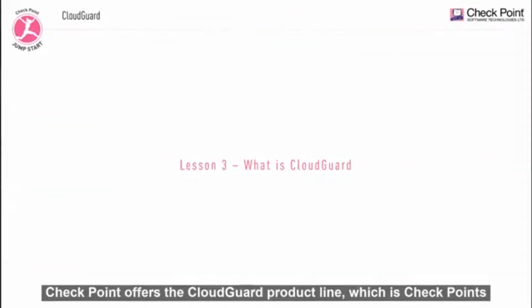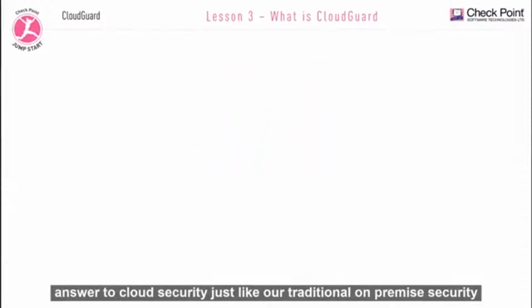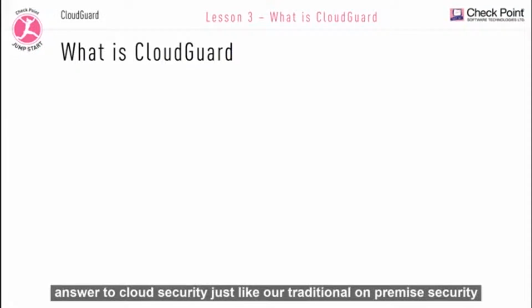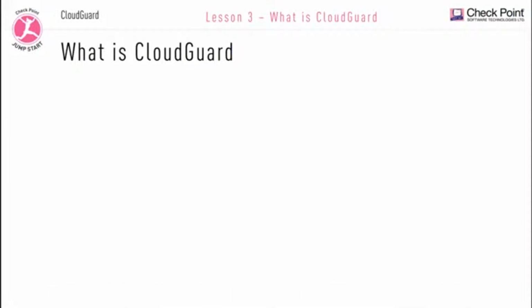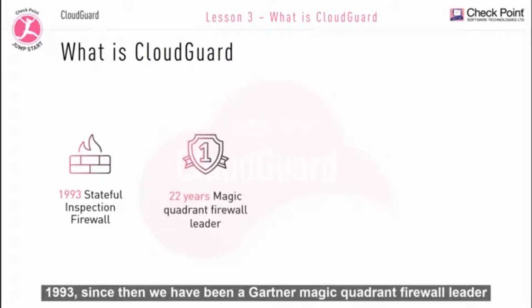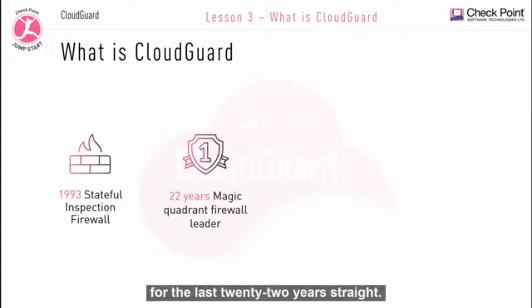Checkpoint offers the CloudGuard product line, which is Checkpoint's answer to cloud security, just like our traditional on-premise security offerings. After all, Checkpoint invented the Stateful Inspection Firewall back in 1993. Since then, we have been a Gartner Magic Quadrant firewall leader for the last 22 years straight.